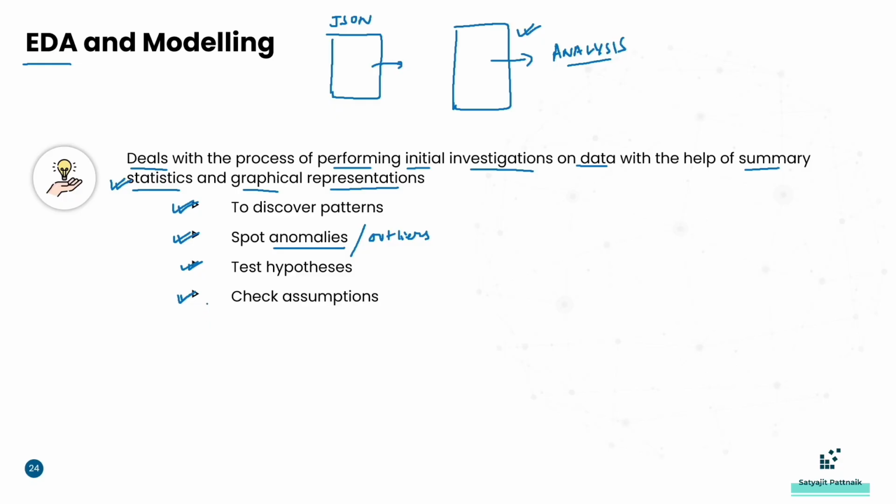Once we analyze the data and give some insights, those insights are captured by the data science team to build some predictive models. Now, in companies, as I told you, there are different types of companies, startups or MNCs. So it depends on which company you are working in. In some companies, the predictive model building part is done by the data scientist team.